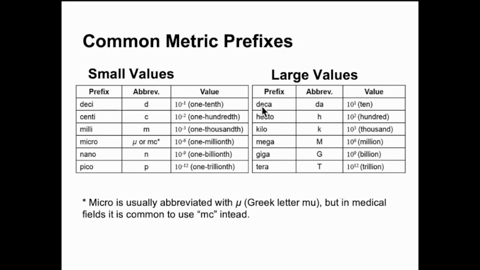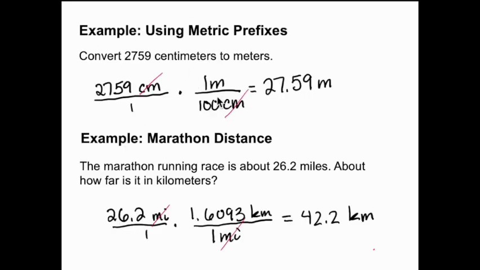So if I had a decagram, that would be 10 grams because it's 10 times 1 gram. If I use kilogram, that means it's 10 to the third, which means it's 1,000 grams. So these prefixes here tell us exactly how big or small that main unit is. Let's look at the first example.